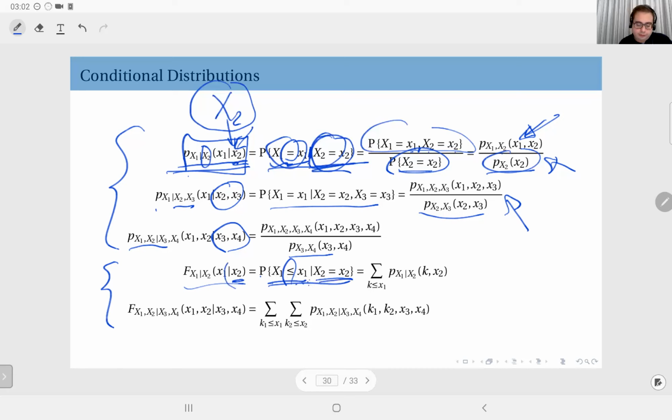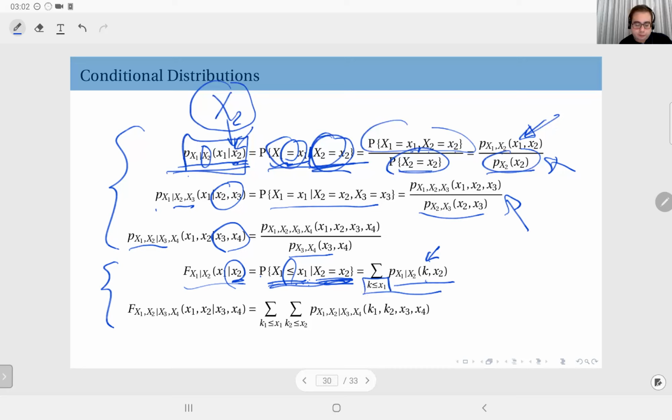This here is a known quantity. It is not an event in terms of inequalities, it's an equality. Be careful with that. And this, by definition, can be written as the sum of conditional PMFs evaluated at values for the first component where they do not exceed x1.